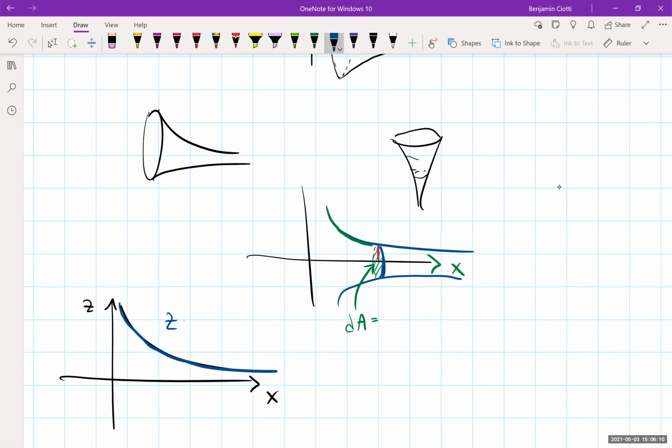Oh yeah, because x equals 1 over z is the same thing as z equals 1 over x. Yes. So then the radius of the disk is 1 over x. So the area of one of those disks is pi over x squared. Right.